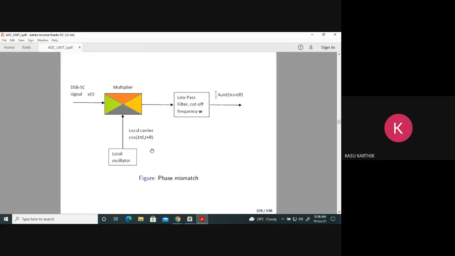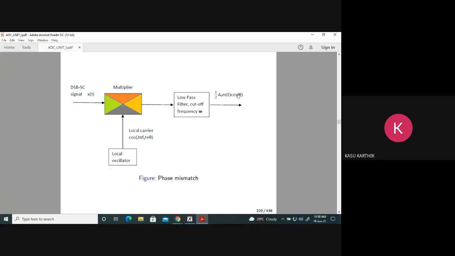Now this is the phase mismatch. Here the carrier is having phase of theta, but the carrier at the input side is having zero phase. So this is error. This is a mismatch in the phase. Then you get extra term cos theta, which is nothing but attenuation, because mod of cos theta is always less than 1.